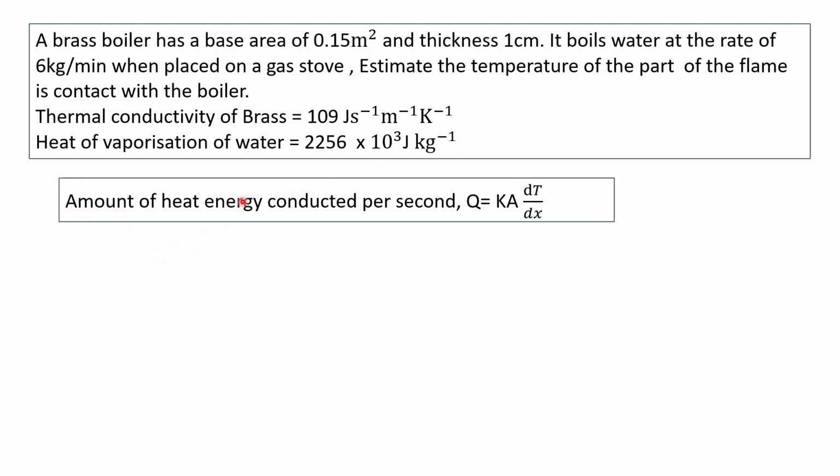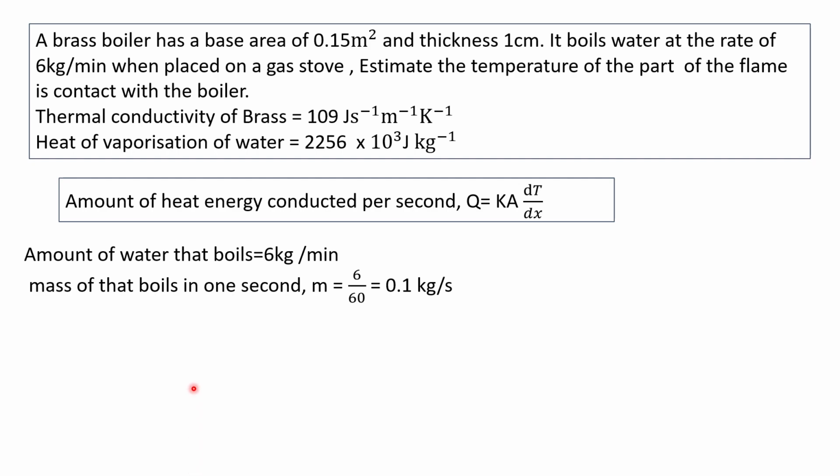The amount of heat radiated per second through a solid, Q, is equal to KA dT by dx, where K is thermal conductivity, A area of the solid, dT temperature difference, and dx the length or here thickness of the boiler.